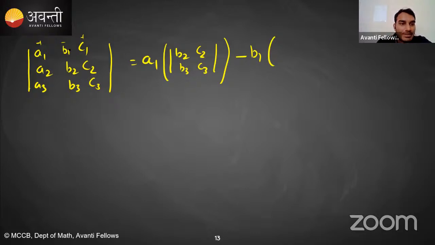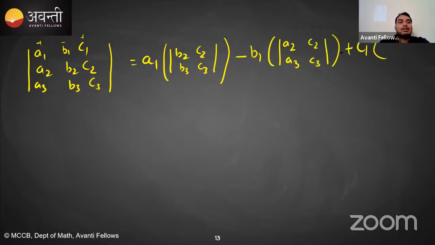So when you delete those row and column, you are left with A2, A3, C2, C3. Plus C1. Again delete the row and column corresponding to C1, so you are left with the determinant of A2, B2, A3, B3.